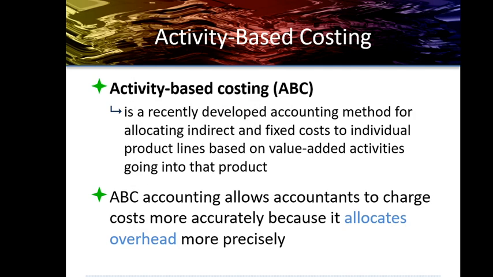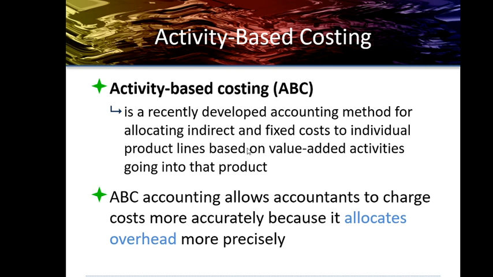Okay, now let's go to another accounting system which we call activity-based costing, which is also very important in evaluation and control. What's the meaning of ABC? We call it ABC, activity-based costing. Of course, the accounting people use it, but we will take it from the managerial perspective here.